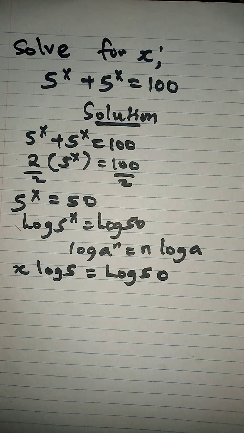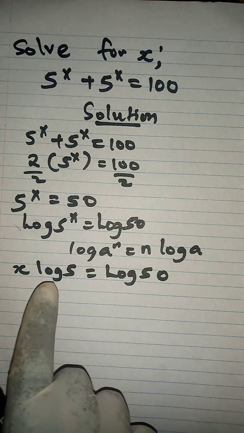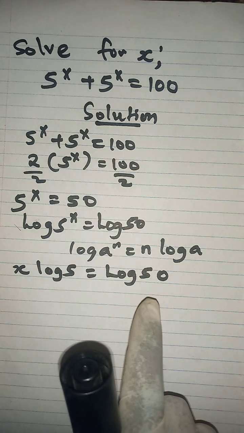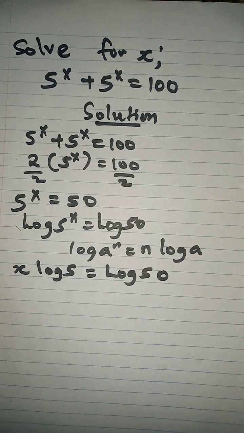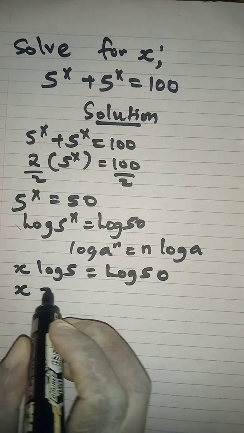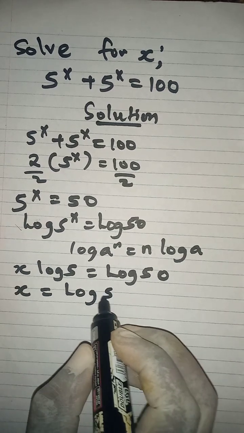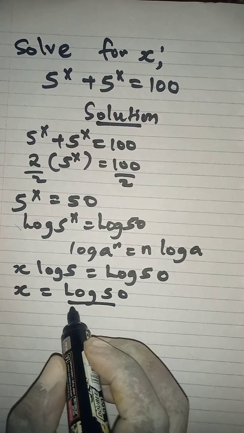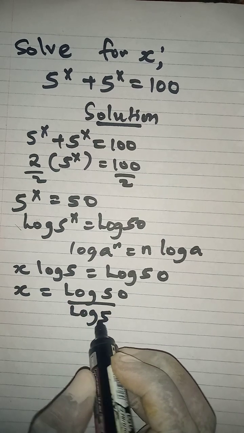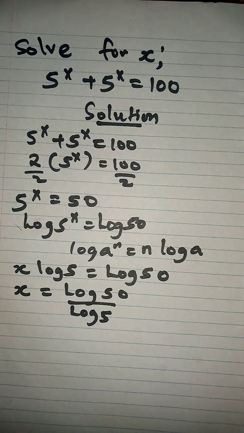Well, I'm going to take the log of 5 to the other side, so I'm going to divide. So now x becomes the log of 50 divided by the log of 5. It looks amazing.